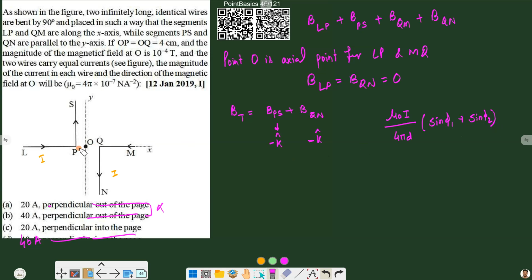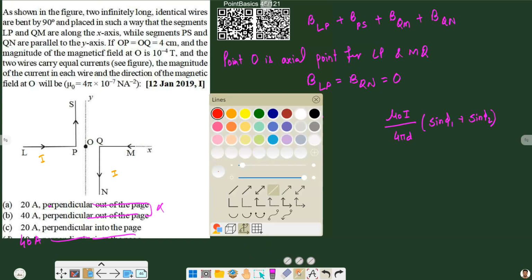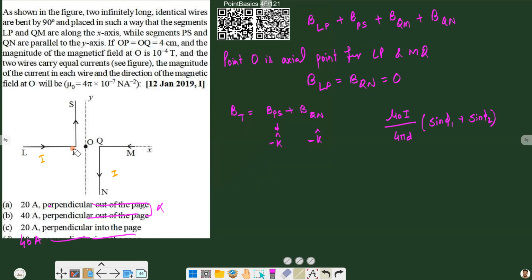Now let's start with the conductor PS. For conductor PS, if we form two angles here, those two angles will look like that. First angle will be formed from the point P and second angle from the point S. As S is at infinite distance, this angle will be approximately 90 degrees, and point P is just at the bisector point, so this angle will be 0 degrees.